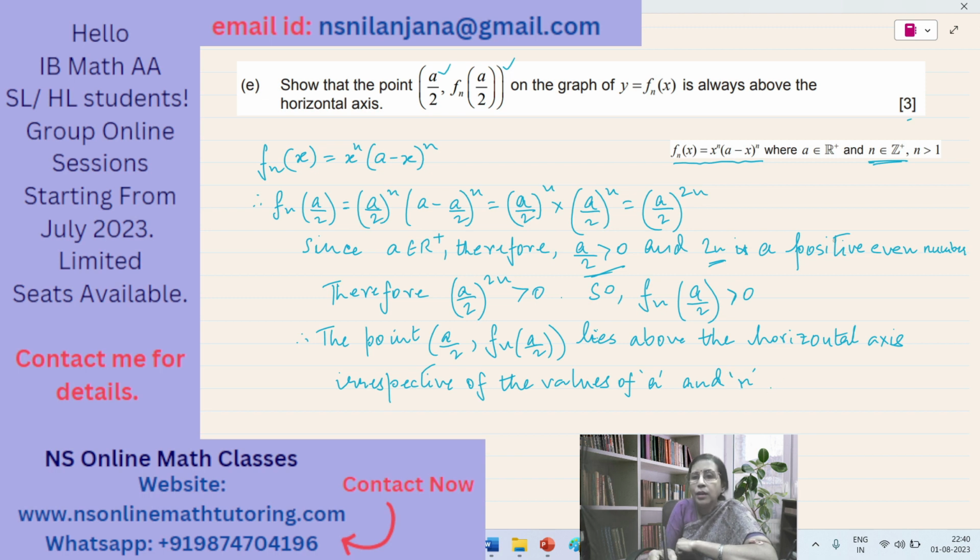Okay. 2n is a positive even number, I can just write, because n belongs to the set of positive integers. So this is the answer for subpart E.